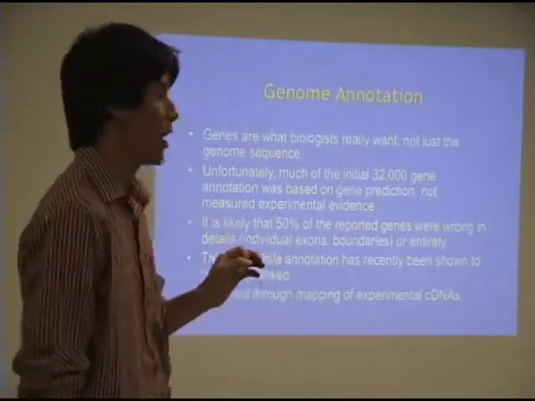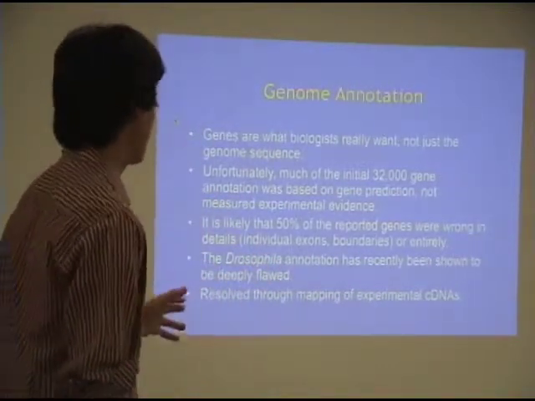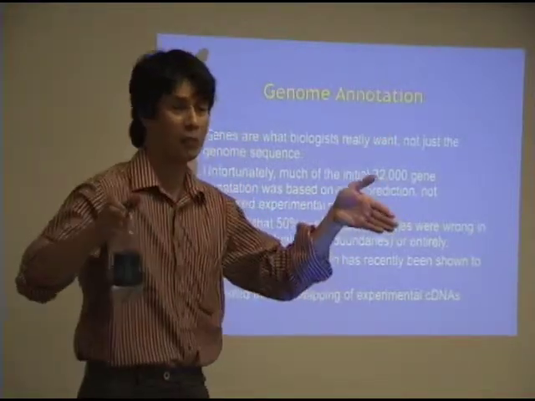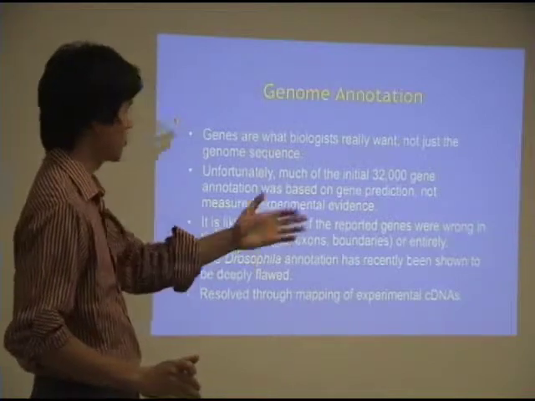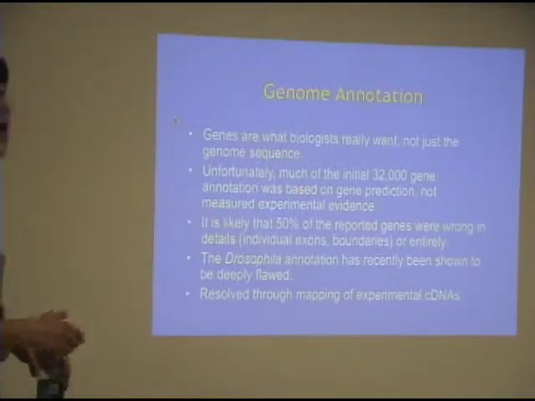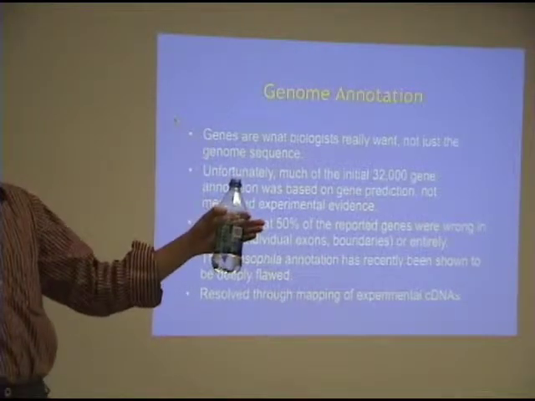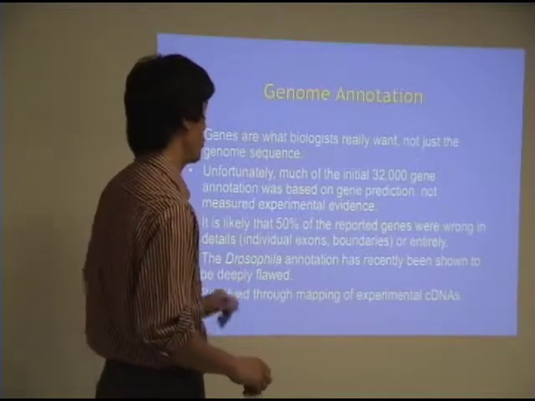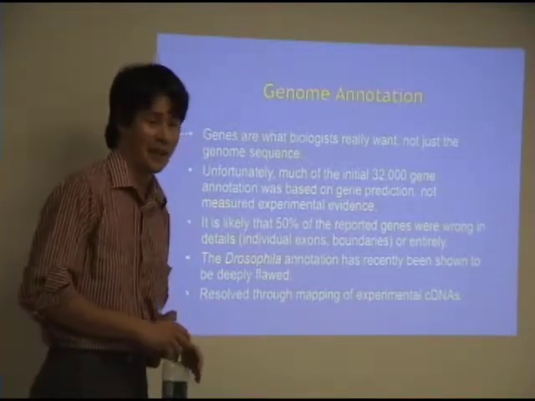In simple organisms like bacteria or even yeast, as I said, the gene structure is simply a single block, and you can use some statistics that we'll study in this course to predict with high accuracy, okay, this looks like a gene. Unfortunately, as you saw in the human genome, that's not the case.